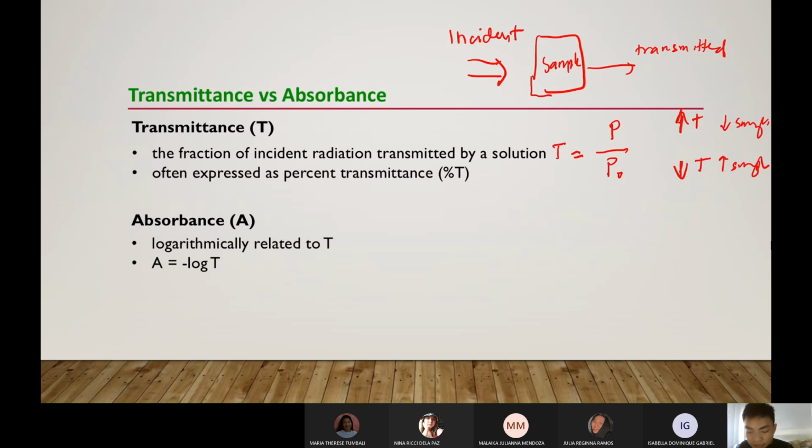Low transmittance, high amount of sample. Okay?